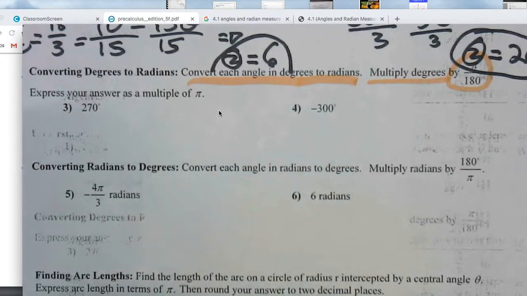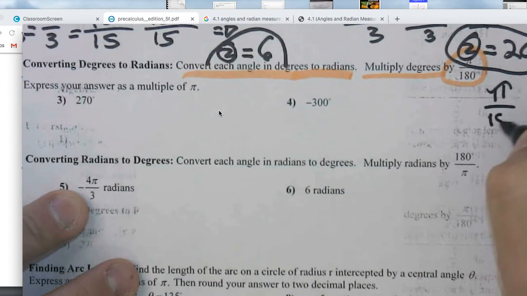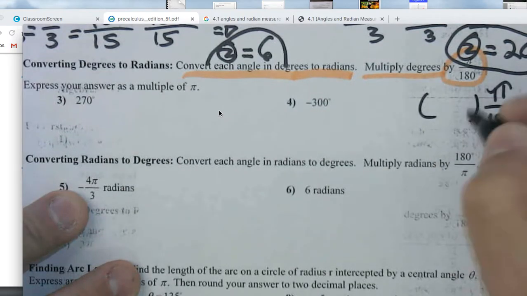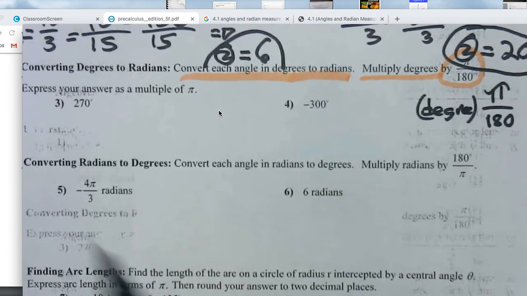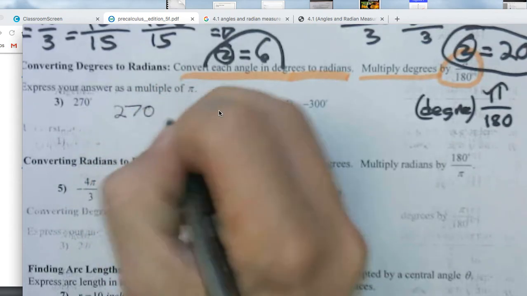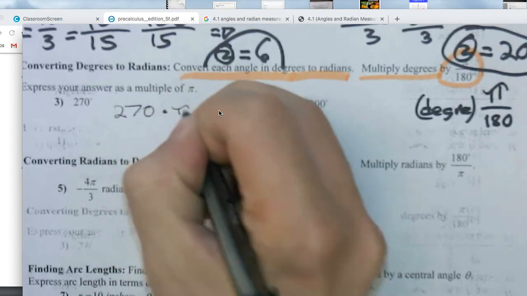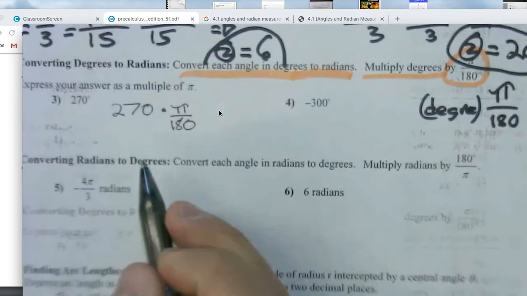So I'll write this so you can actually see it. We take whatever the degree measurement is and multiply it with pi over 180. Let's do this here. We have 270 degrees and we're going to the radian measure. Multiplying 270 with pi over 180, you'll find yourself simplifying a lot of fractions.